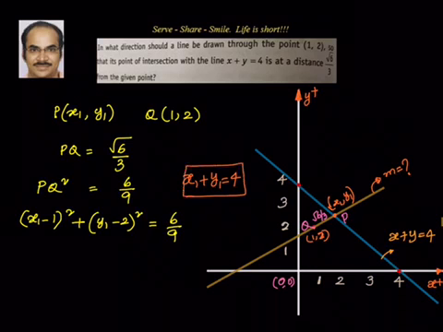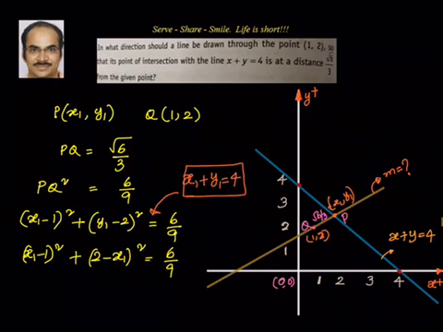So can we leverage that and substitute in this? In our next step we will write (x1 minus 1) whole square plus y1, which is nothing but 4 minus x1. When I subtract, I get (2 minus x1) whole square is equal to 6 by 9.